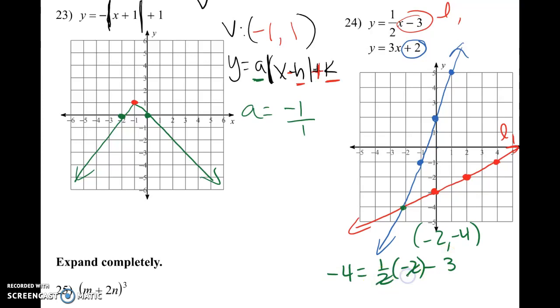That 2 and that 2, so that's a 1. So is -1 and -3 -4? Yes. Plugging it into the second one is -4 equals -3 times, I'm sorry, that's a -2 there, plus 2. So that's -6 plus 2. Does that equal -4? Yes.